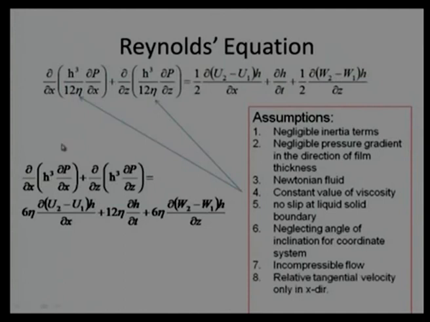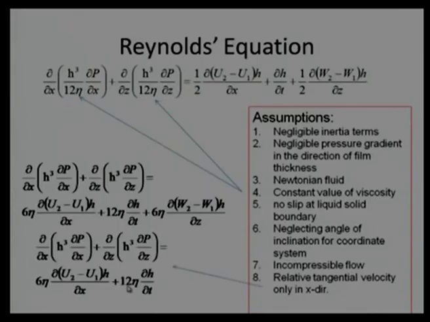Now, to simplify this equation, we assume tangential velocities along the x direction. In other words, there is no relative velocity in the z direction. So, this term can be neglected in this situation, because there is no relative velocity along the z direction.